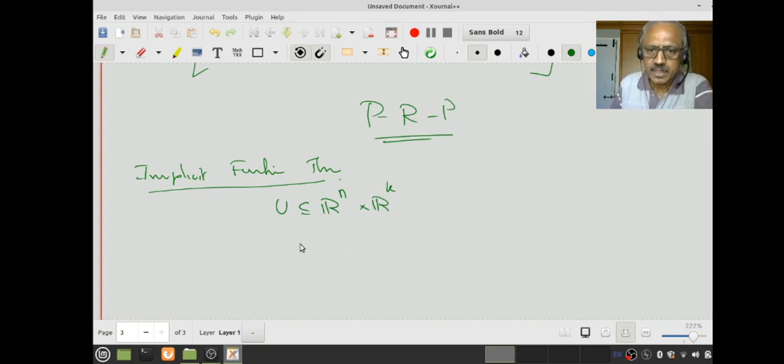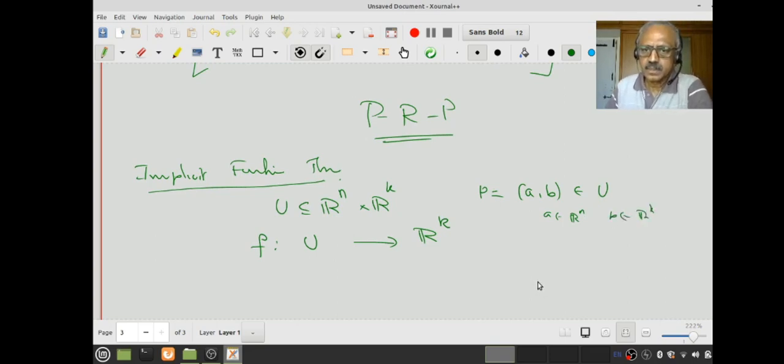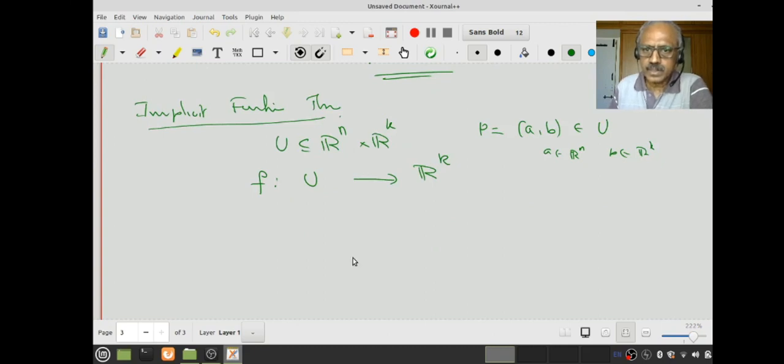Let F be a function from U to R^k. Let the point (a, b), call it P, be in U. Therefore, a is in R^n, and I think of b as a vector in R^k. You follow that?